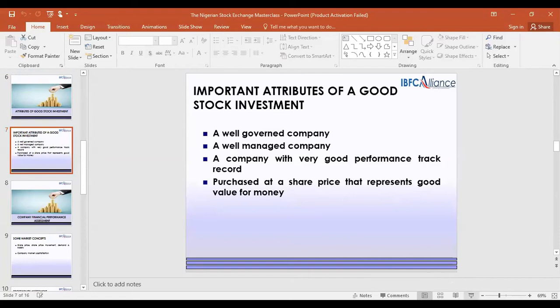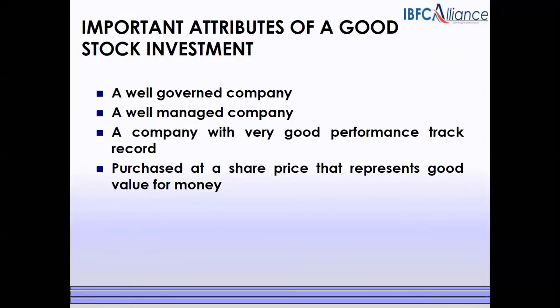Okay. Now, the point I want to make here is that there are all of these parameters. You can use these parameters. Okay, let me just use Nigerian Breweries. As far as I'm concerned, I believe Nigerian Breweries is a well-governed company, a well-managed company, a company that has a good performance track record, right? Yes. What happened?